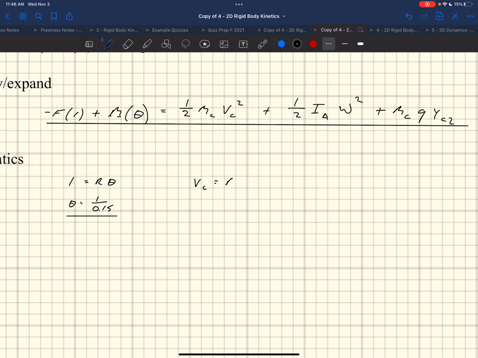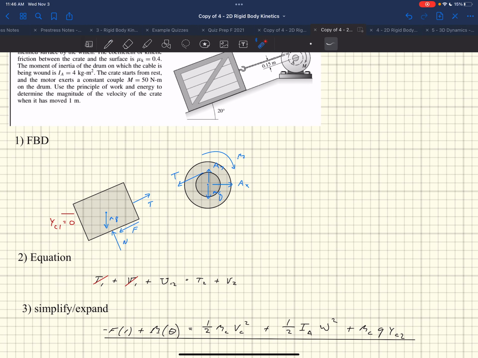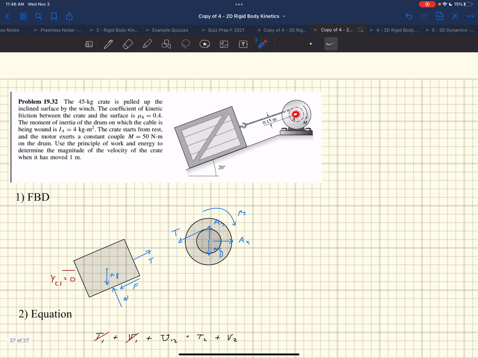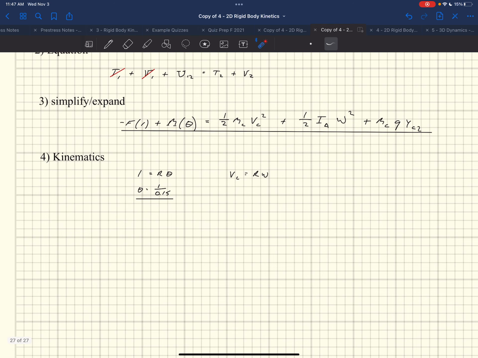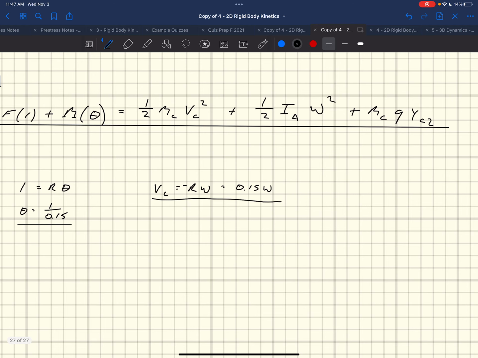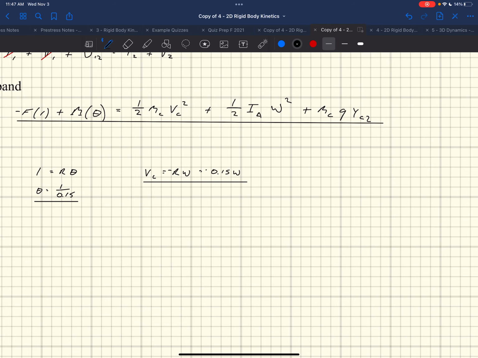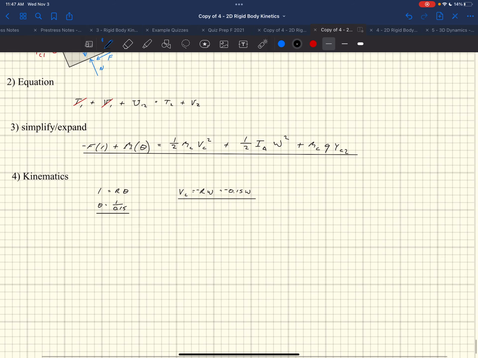VC is just r times omega. This thing's rotating around the center right here, so the velocity of this point right here is the same as the velocity of this point over here. It's just going to be r times omega. Technically, it'll be negative r times omega. But in this case, that's equal to 0.15 times omega. So I'll need that. It doesn't matter because we end up squaring it.